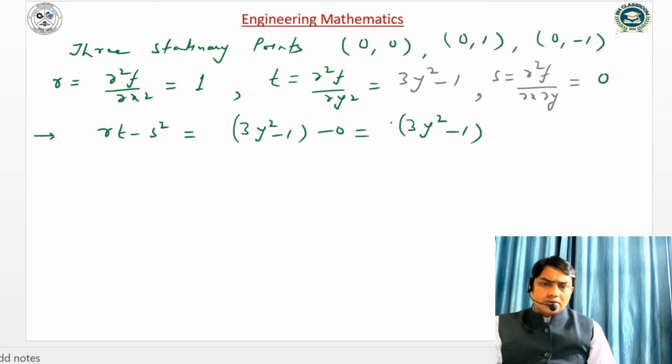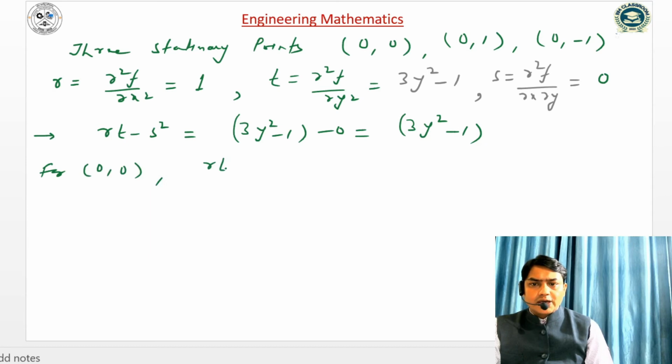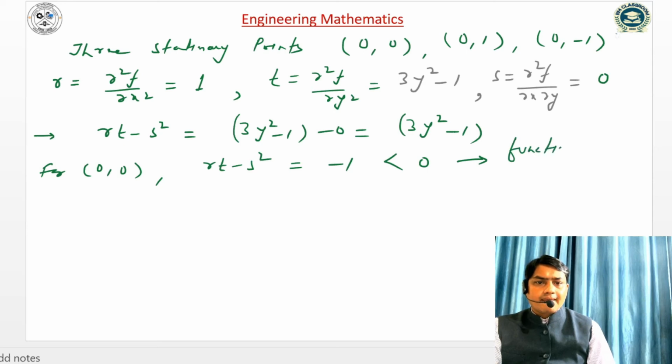For the stationary point 0 0, the value of rt minus s square, that is 3y square minus 1, will be minus 1. So the value is less than 0. So rt minus s square less than 0 means the function attains neither maxima nor minima.